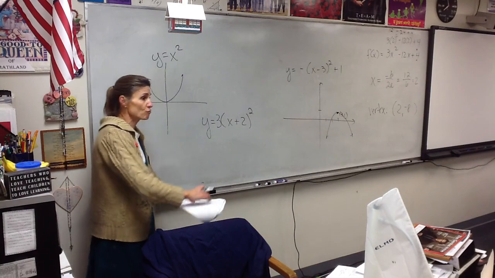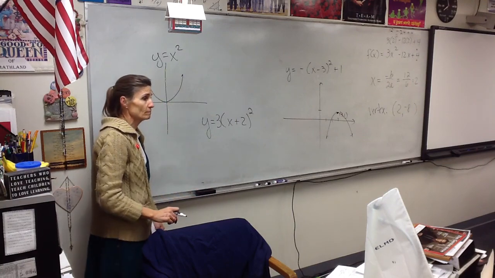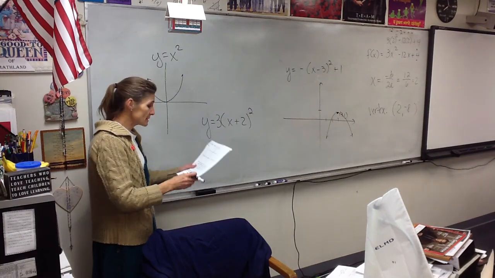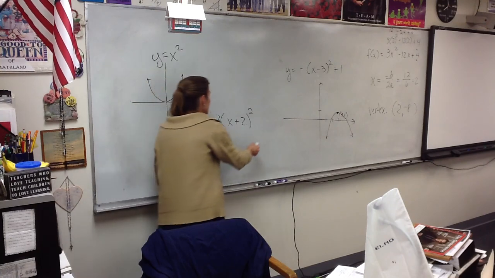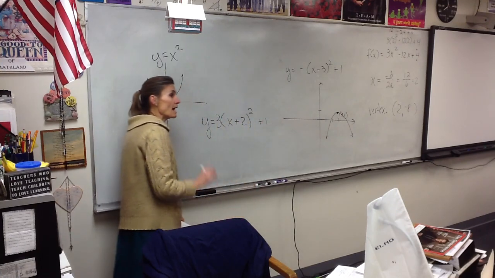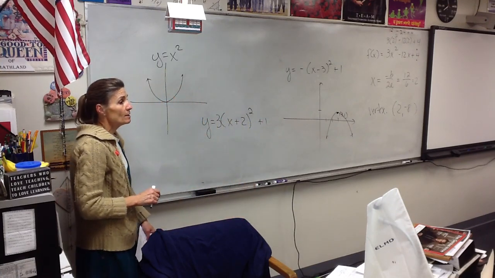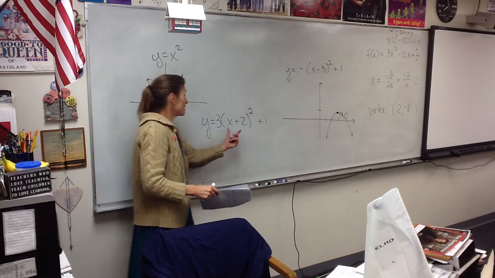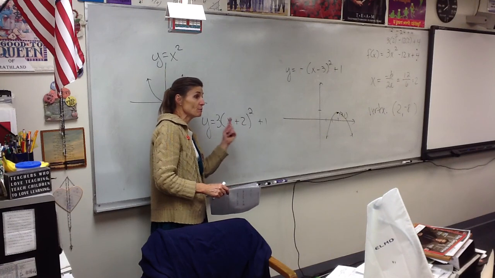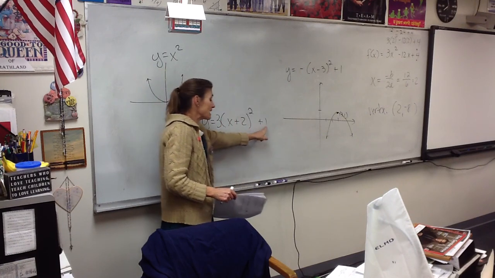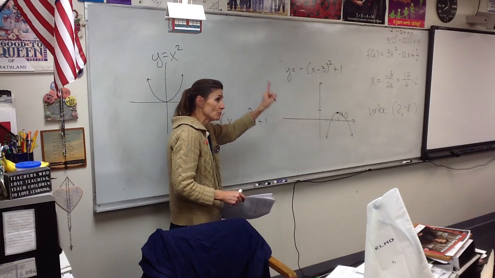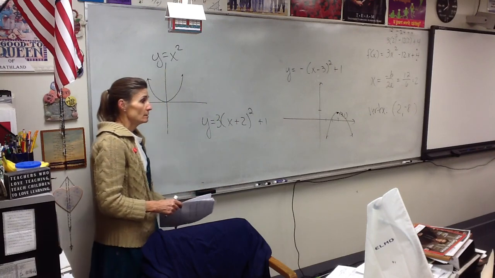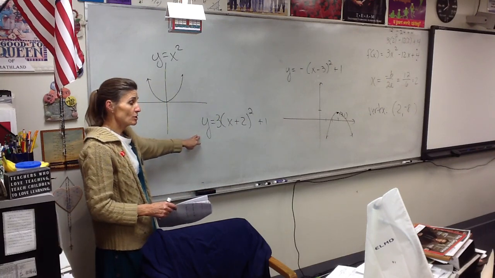That's going to make him 3 times stretchier. And then as you said, Jack, if I want to move him up 1 unit, I have to put a plus 1 out on the end of the problem. You guys, think back. How many times did we talk about that if it's inside the parentheses, it moves you left and right? If it's outside the parentheses, it moves you up and down. That's the answer to the question.